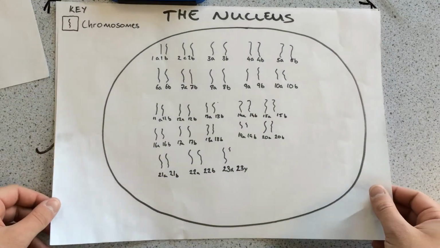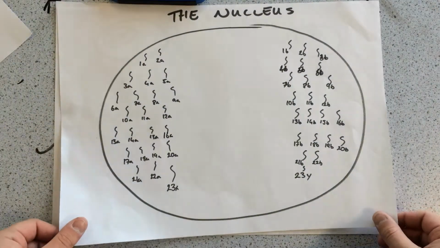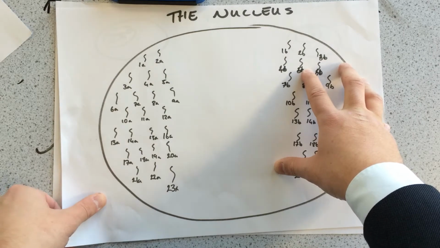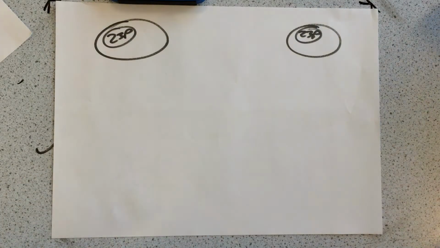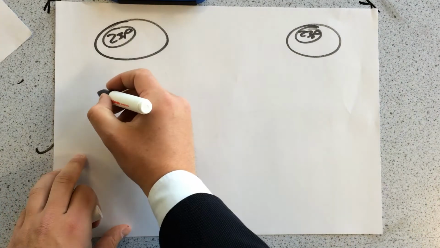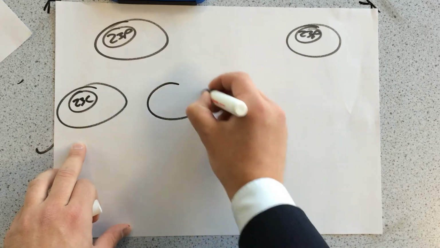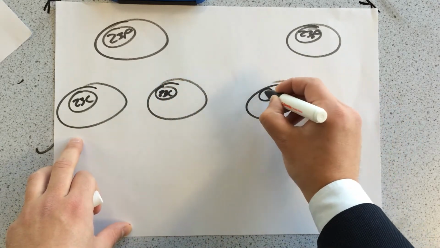And instead of duplicating and splitting, they're just going to split. So on one side I'm going to have my 1A, and on my other side I'm going to have my 1B. This makes a cell with exactly half the amount of DNA as the original. So instead of having 23 pairs, I've got 23 chromosomes.